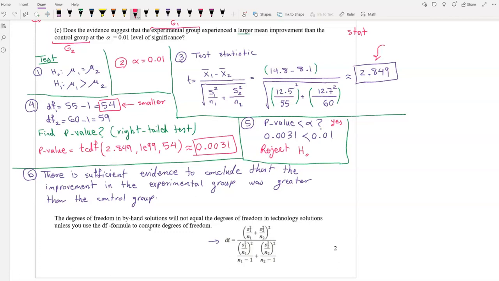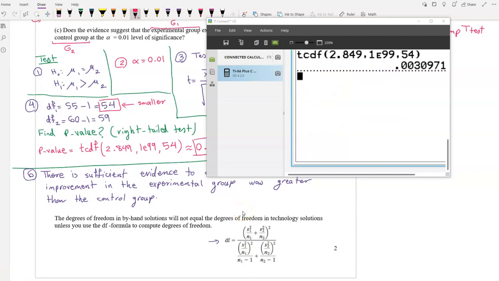So these are the steps you have to follow on TI-84 or TI-83. Stat, test, number 4, 2-sample t-test. So here we had 2 sample sizes and we had to find t. That's why we have 2-sample t-test. So press enter.